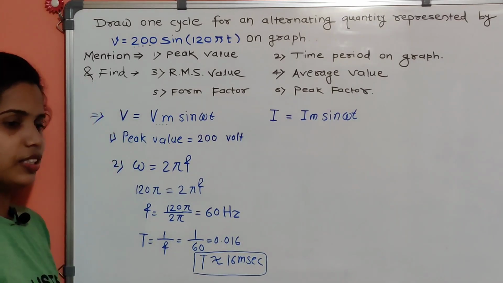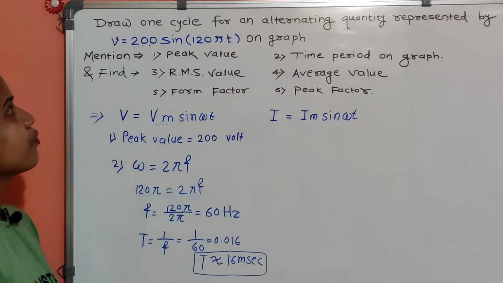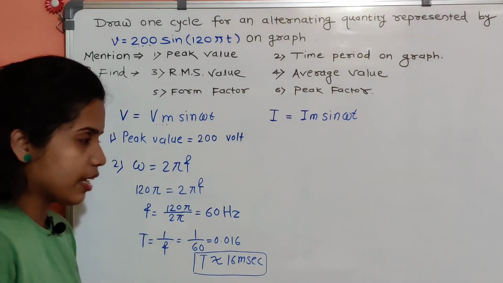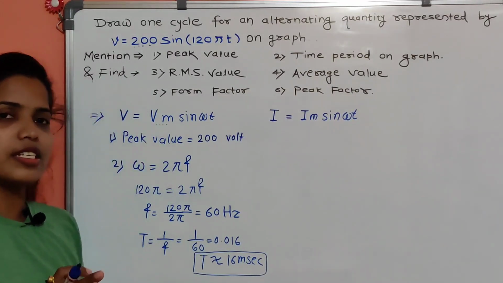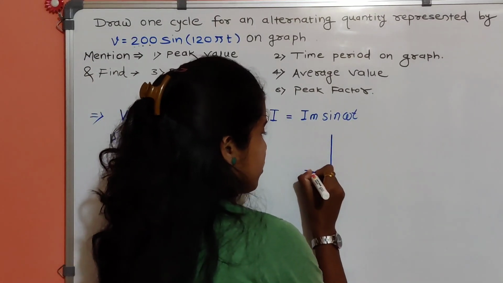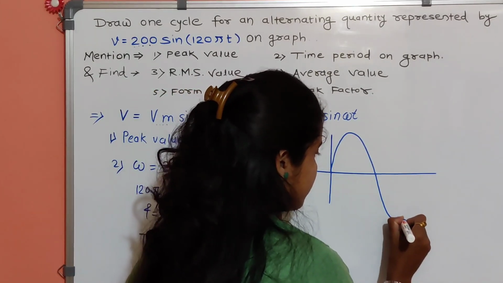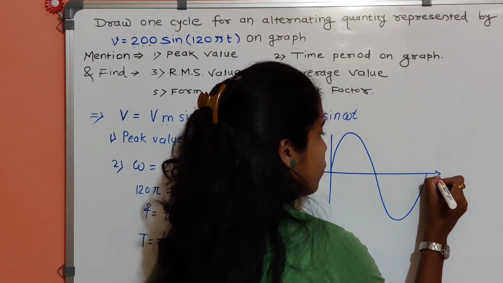Now we have to mention the time period and peak value on the graph for one cycle. One cycle means it consists of one positive and one negative part. This is one cycle.